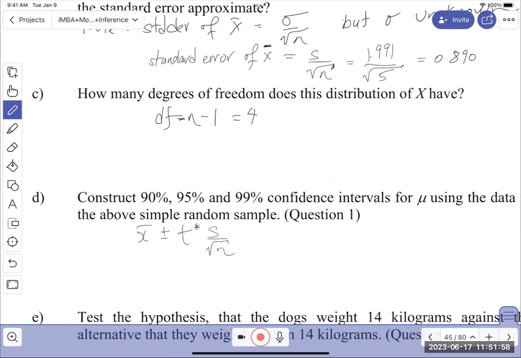Because we don't know sigma, we have to substitute with t instead of z and use s in its place. So all we really need, because we have x bar above, we've got s, and we actually calculated this to be 0.89. All we need is the t star. So let's put those numbers in. So this is 12 plus or minus t star times 0.89.